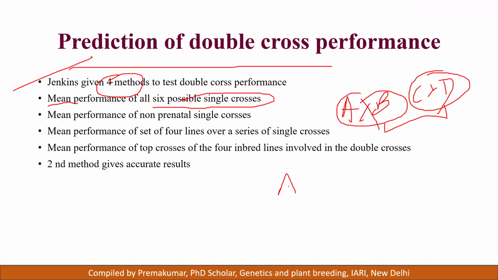A cross C, A cross D, B cross C, B cross D. Four. You just add all four combinations.